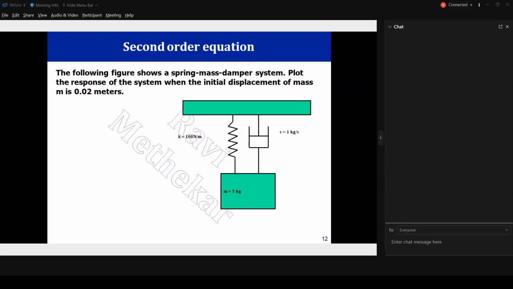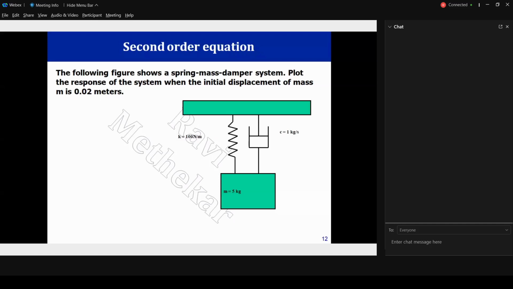Correct. So when we model any system, we get ordinary differential equations, we might get algebraic equations, and we might get partial differential equations. We are not going to touch the partial differential equations. However, we know that we can solve n ordinary differential equations clubbed with algebraic equations.